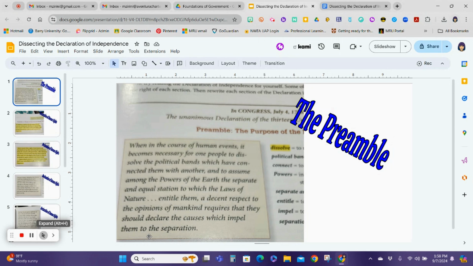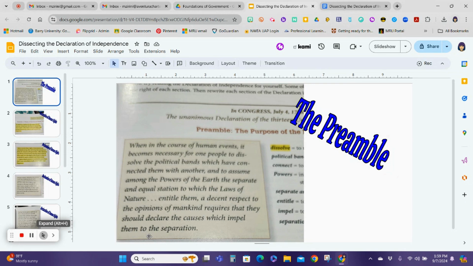So the preamble reads, "When in the course of human events it becomes necessary for one people to dissolve the political bands which have connected them with another, and to assume among the powers of the earth the separate and equal station to which the laws of nature entitle them, a decent respect to the opinions of mankind requires that they should declare the causes which impel them to separation."